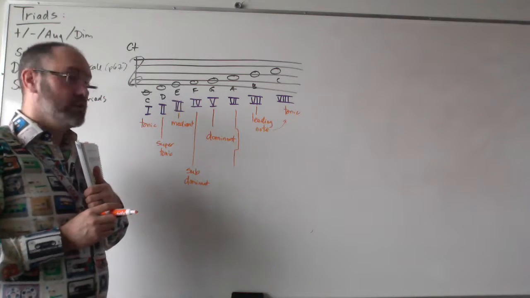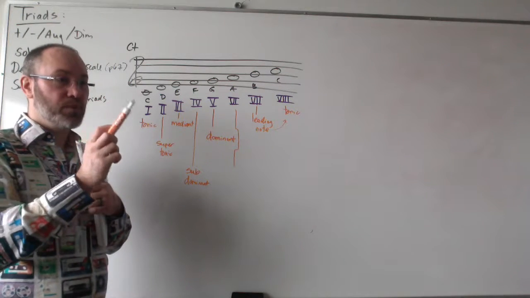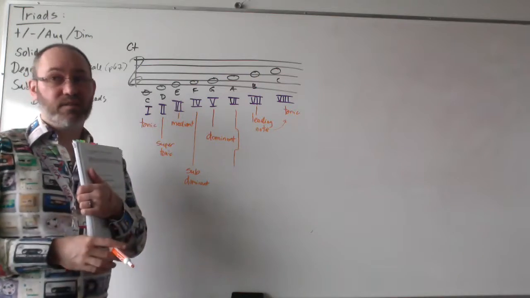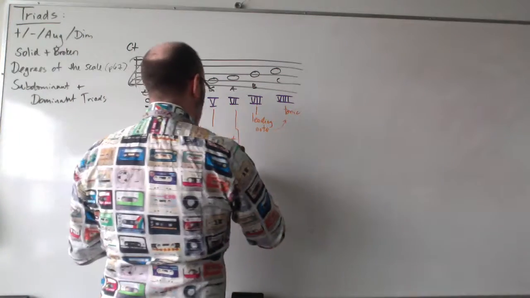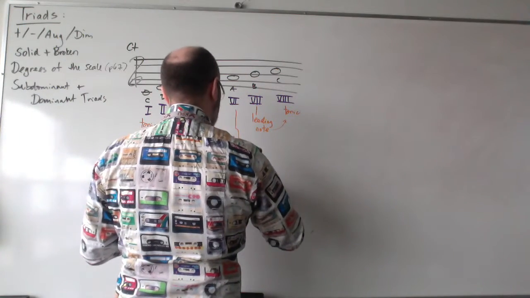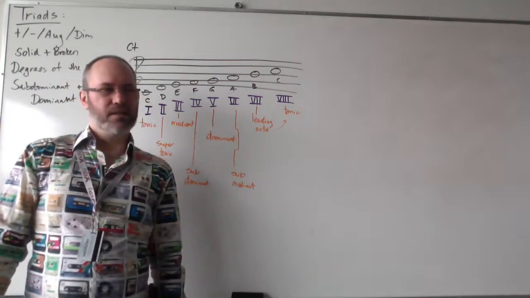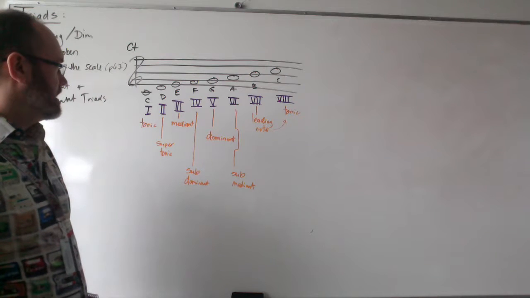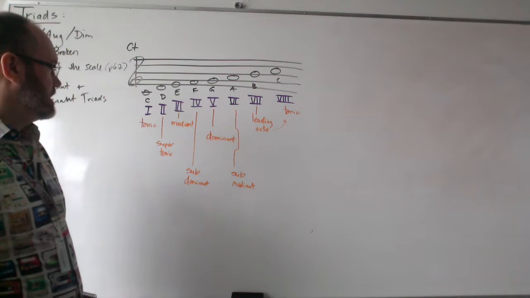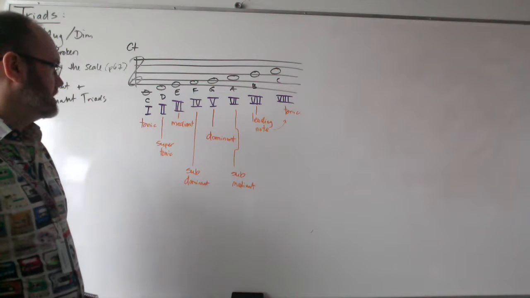Okay, now, the next one. Maybe Rhiannon will know why it's called this, because I certainly don't. It's just called the submediant. So the number 6 is the submediant. Because it's after the dominant before the leading note, so it needs to be in between the two.